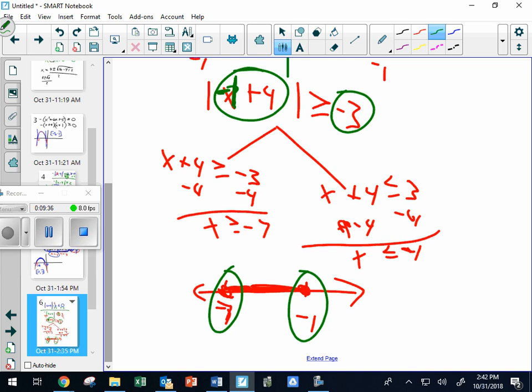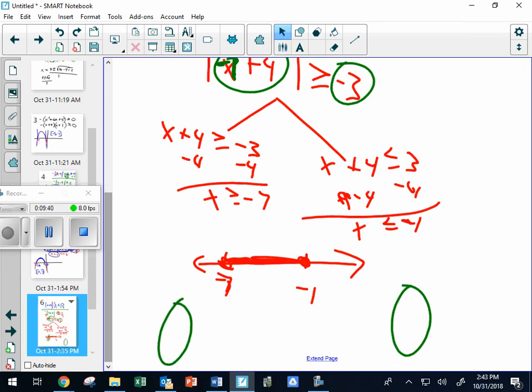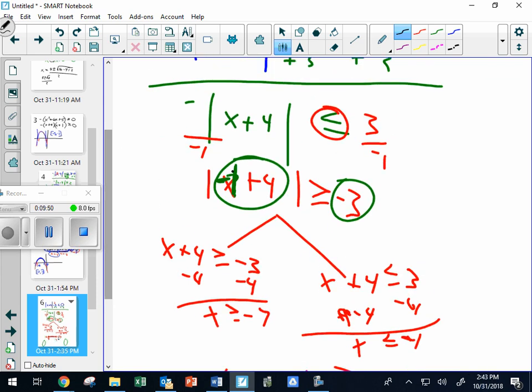It's actually all numbers work. Everything works. And the way you could have tested that to make sure you did it right was you could have tested the endpoints and thought, oh, that works. But you could have tested another number, like, for instance, 0. 0 is not supposed to work. Let's put it in and see what happens. We have the absolute value of 4, which would be 4. Is 4 bigger than or equal to negative 3? Yes. And if you just think about this statement, any absolute value would have to be bigger than negative 3.